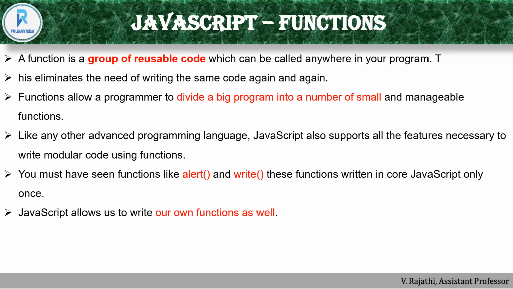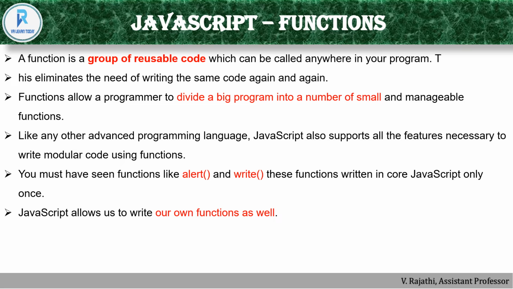Like any other advanced programming language, JavaScript also supports all features necessary to write modular code using functions. You must have seen functions like alert and write. These are some predefined functions, and JavaScript also allows us to write our own functions as well.